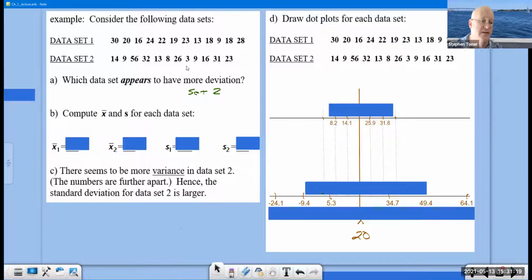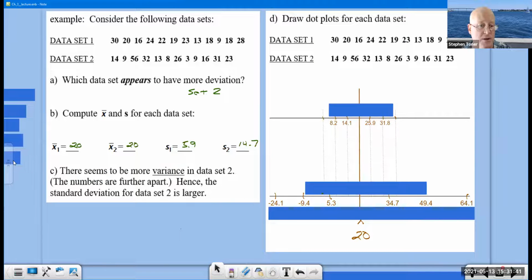Now, I'm going to save you some time here. I've already calculated the mean and standard deviation of each data set, and I use the sample standard deviation. And it turns out that both data sets have the same mean. It's 20. And then when I go look at the sample standard deviations, we get 5.9 and 14.7 respectively.